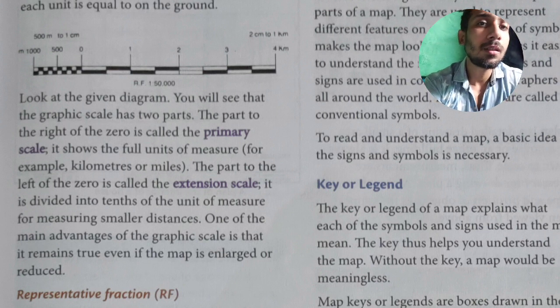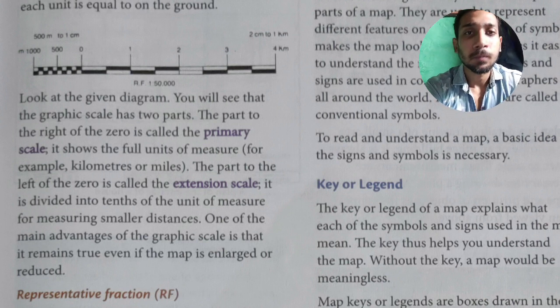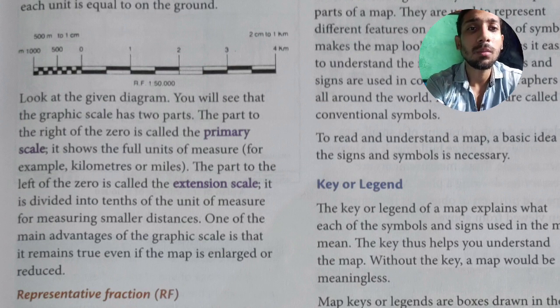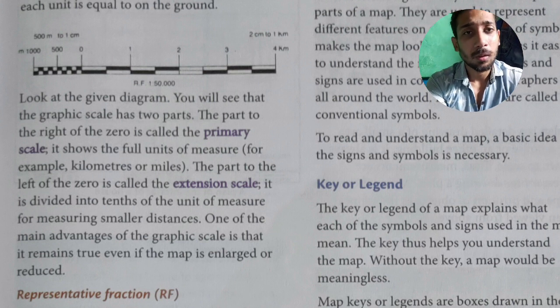So which means it is divided into tenths, like 2 centimeters is equal to 1 kilometer, okay, and over there on the left hand side you can see 500 meters to 1 centimeter, okay. So these have been divided into tenths of the unit to measure the smaller distance. And the main advantage of graphic scale is that it remains true even if the map is enlarged or reduced. Means if we zoom in or zoom out the map, the scale will always remain the same, okay.